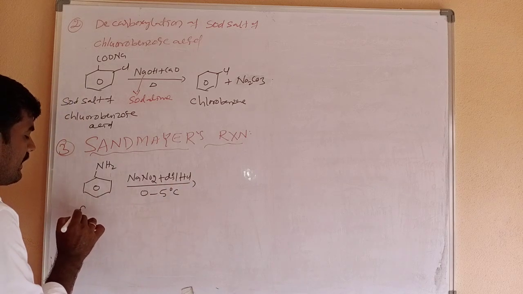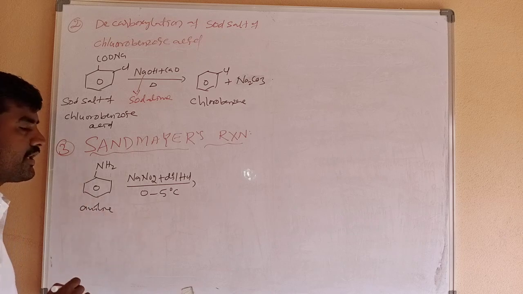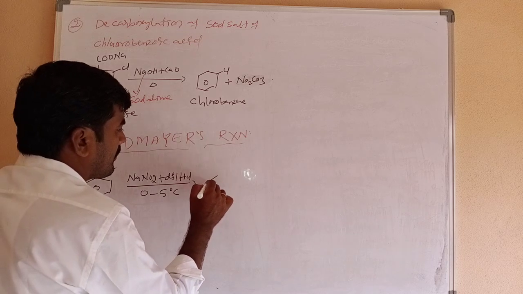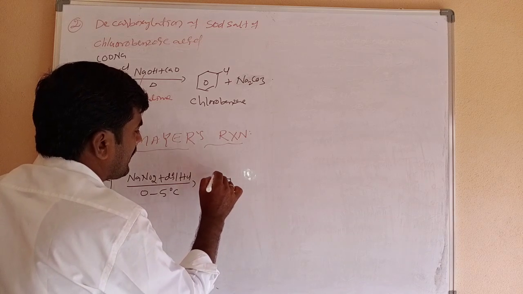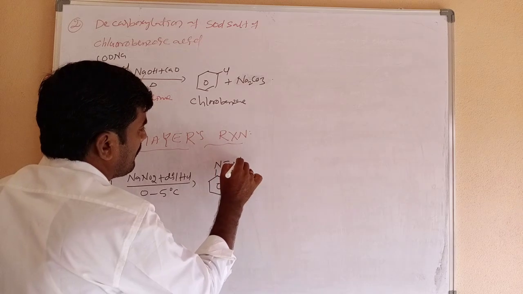The aniline is converted to benzene diazonium chloride, N triple bond N plus Cl minus. The process is called diazotization.